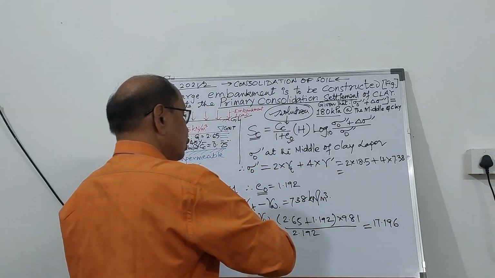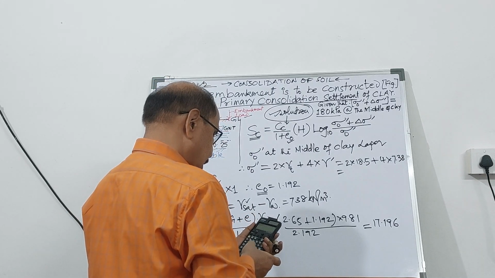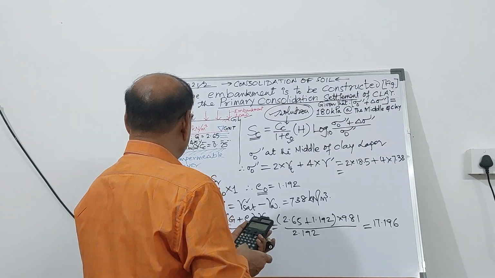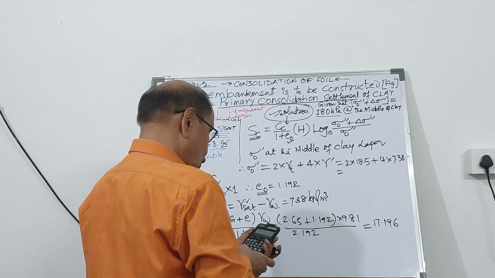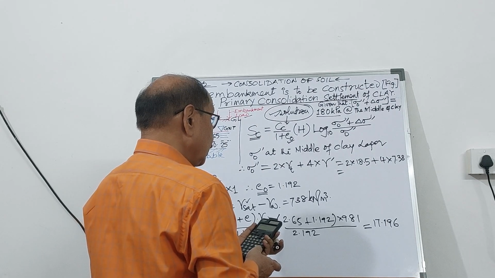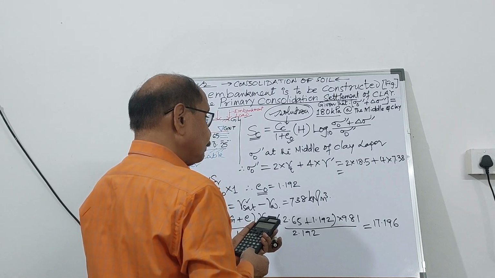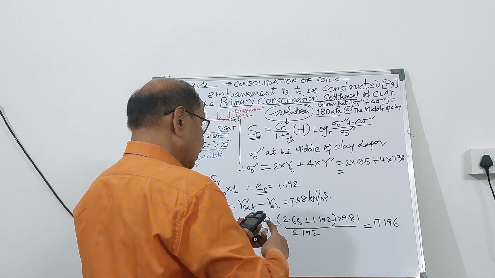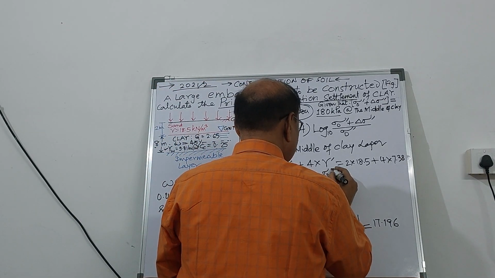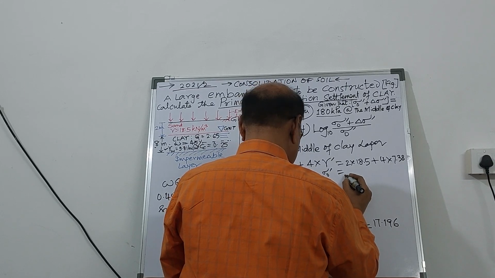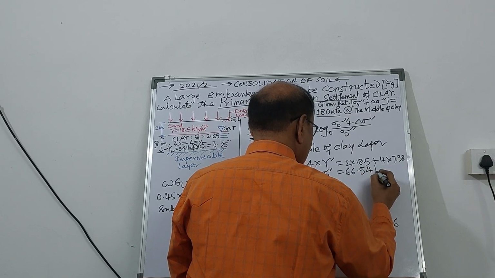So sigma naught prime will be 7.38 multiplied by 4 plus 2 into 18.5, which is 66.54. Therefore, sigma naught prime, the effective overburden pressure, is 66.54 kilopascal.